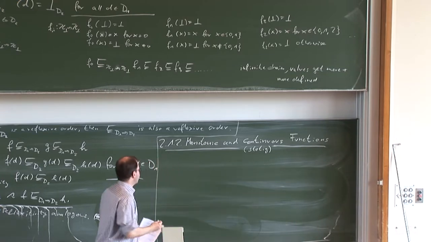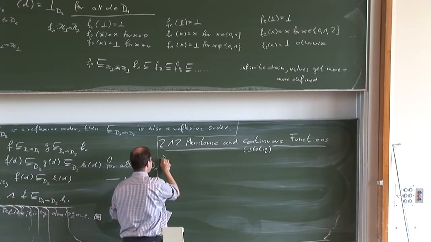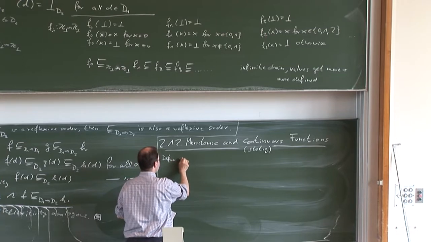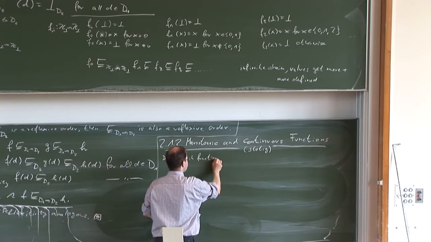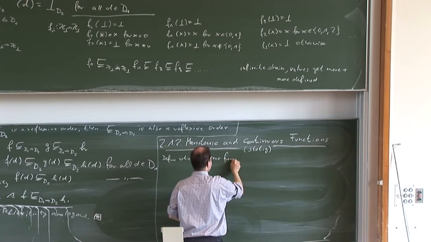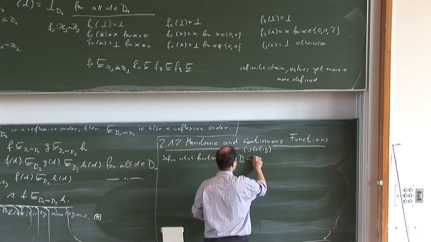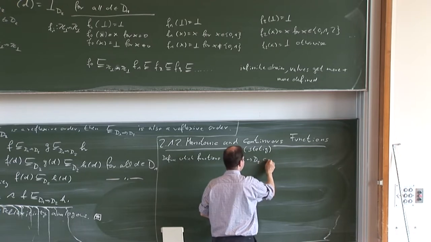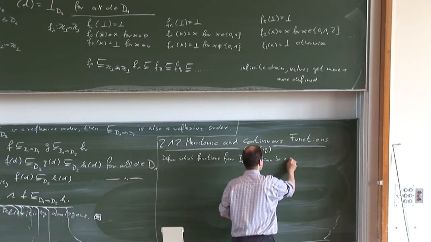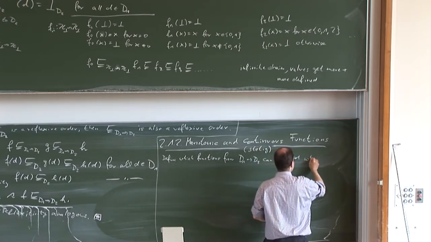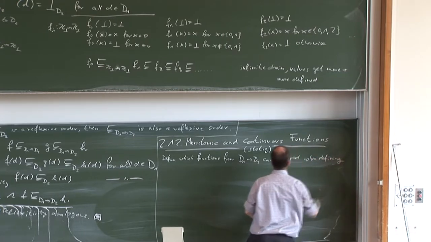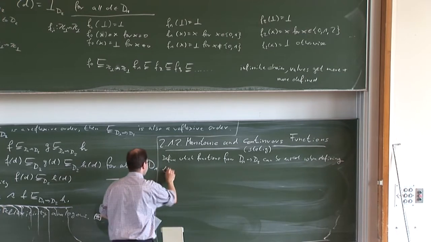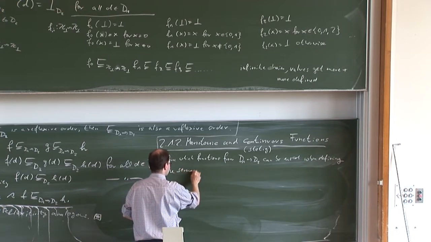Okay, and the goal is we want to define which functions from a domain D1 to another domain D2 can be used when defining the semantics of Haskell.